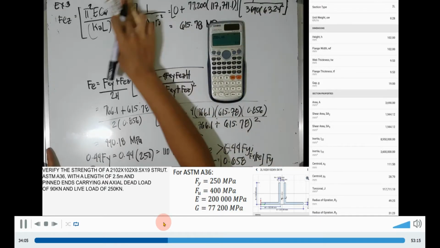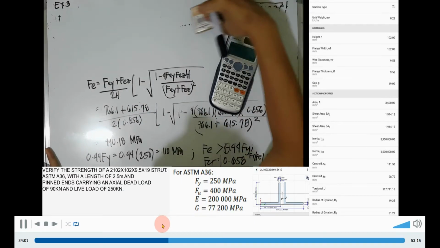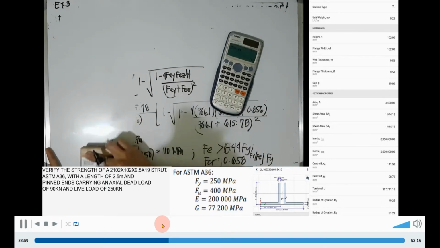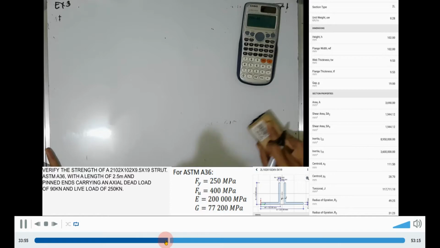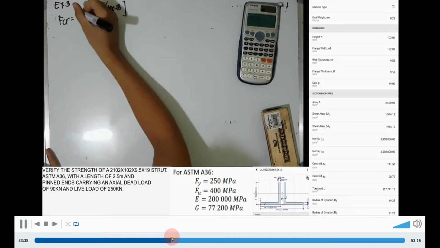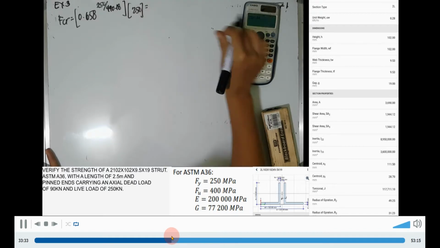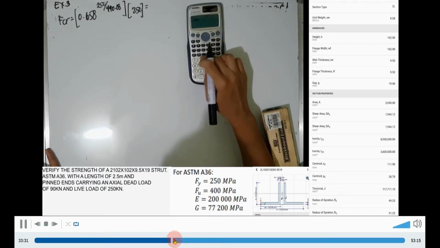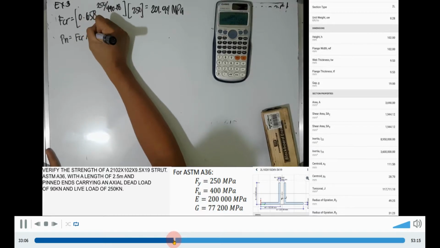So, substitute na lang natin yung mga values. Ma-determine na natin ang nominal strength. So, yan. 250 is our Fy, and Fe is 490.18. So, it is equal to 201.94 megapascal.